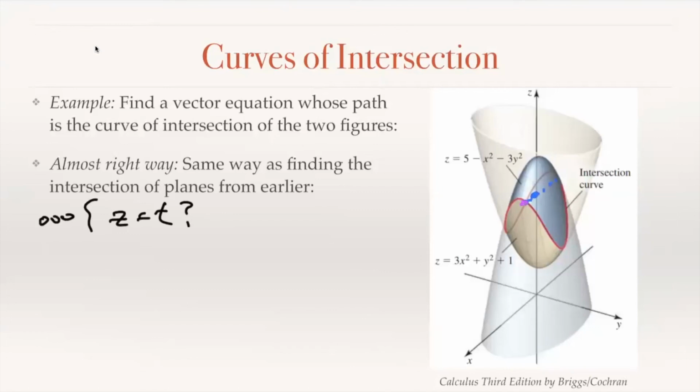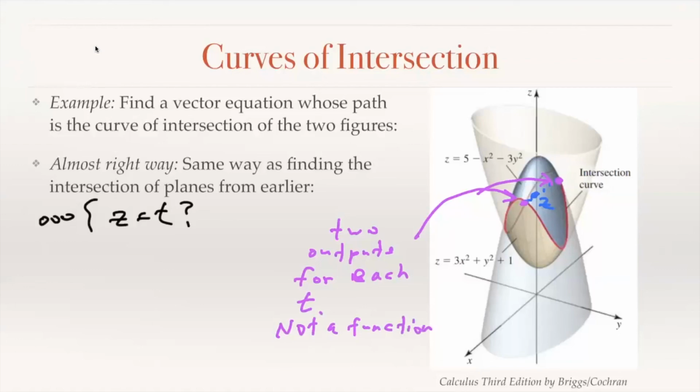Well, if we let z be t, then we would have two outputs for each t. And that would make it not a function. And similarly for the other two axis choices as well. So that method is not a method that will work here.